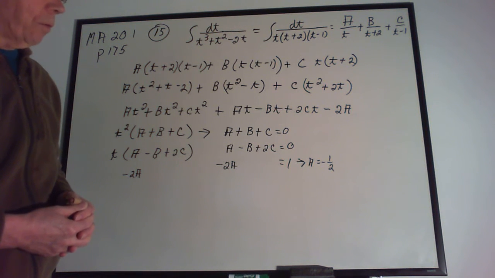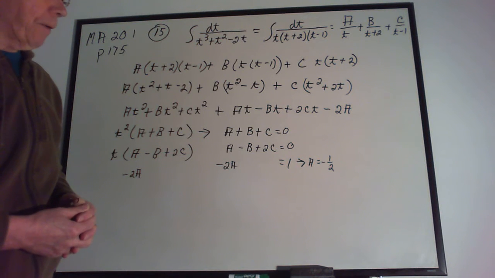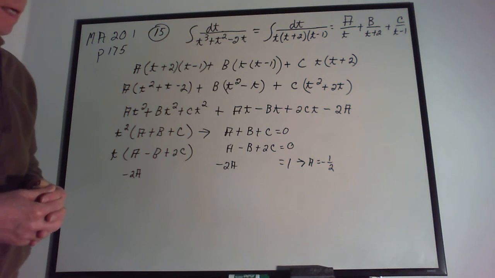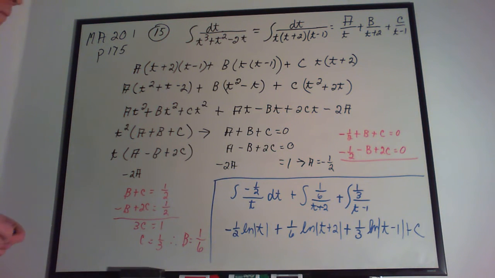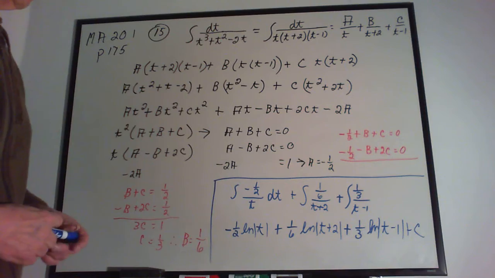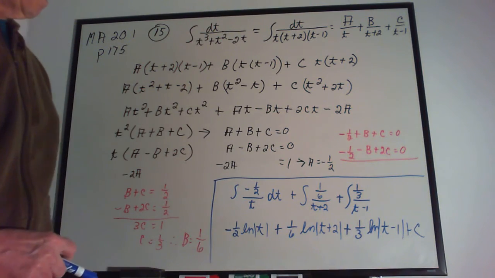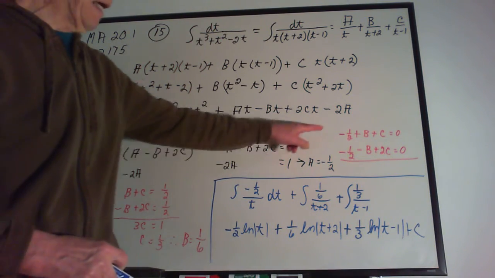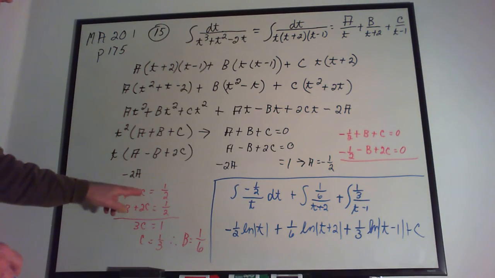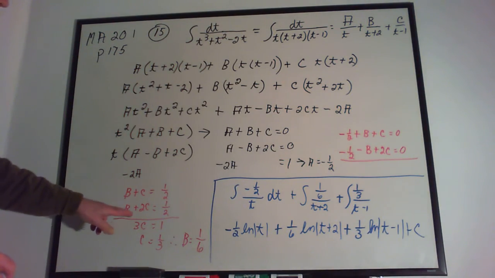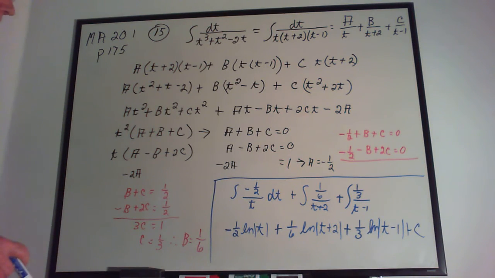All right, so figure out how to find out what C and B equal. Pause the video. All right, put the negative 1/2 in for A, solve each one, you get B plus C equals 1/2, and minus B plus 2C equals 1/2.